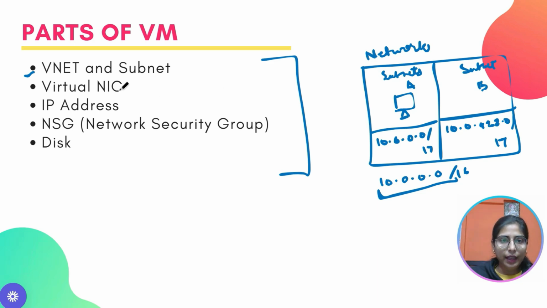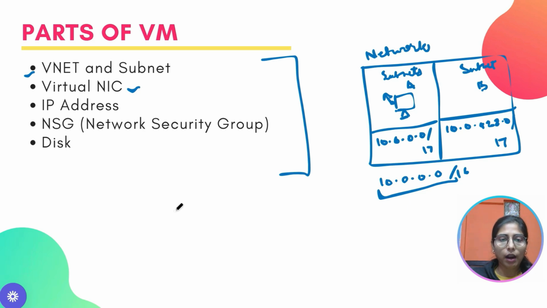Now virtual NIC. NIC is a network interface card, right? You must have heard about interface. It is very much similar to that, and basically it is a virtual network interface card which gets attached to a VM, and it helps to attach this VM to this network, right?